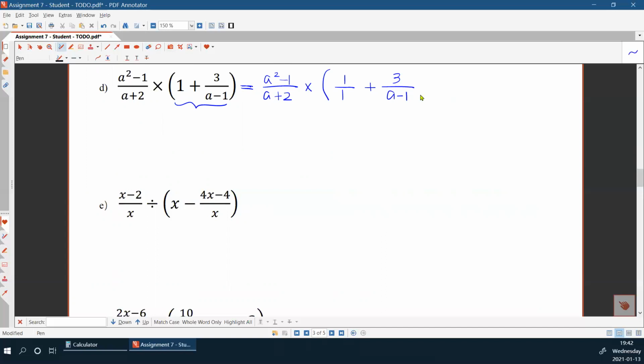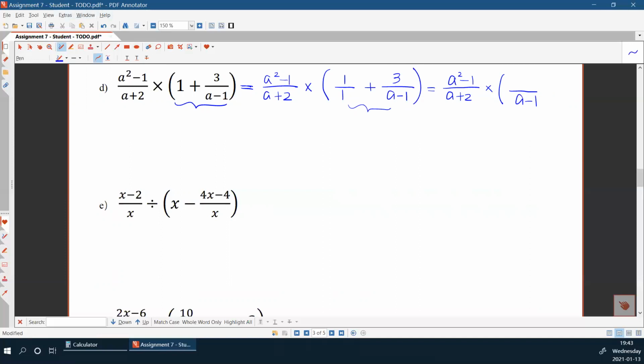Okay, so apparently the common denominator of these two terms is a minus 1. So here, copy this term times a minus 1. Okay, let's do this slowly, okay?